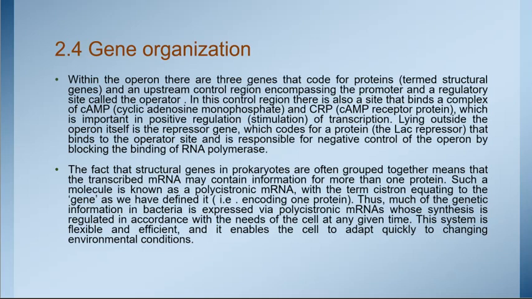Thus, much of the genetic information in bacteria is expressed via polycistronic mRNAs, whose synthesis is regulated in accordance with the needs of the cell at any given time. The system is flexible and efficient, and it enables the cell to adapt quickly to changing environmental conditions.